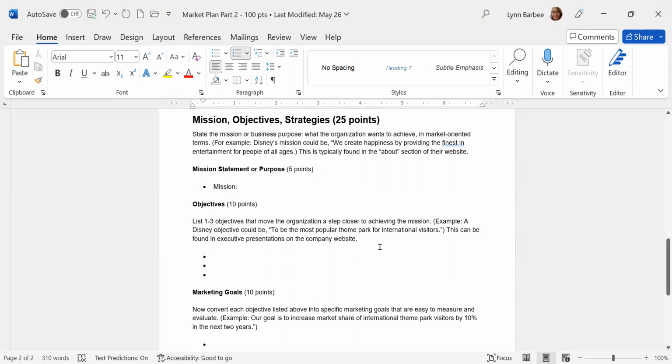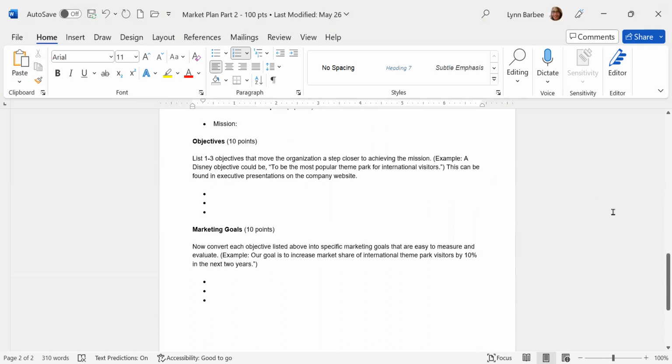Here are objectives that help you reach your mission. And they're usually listed as, whatever it is, to be the most popular theme park, to reach this goal, to do that thing, or whatever. But then over here where it's got the marketing goals, here you're going to put these in SMART goals.